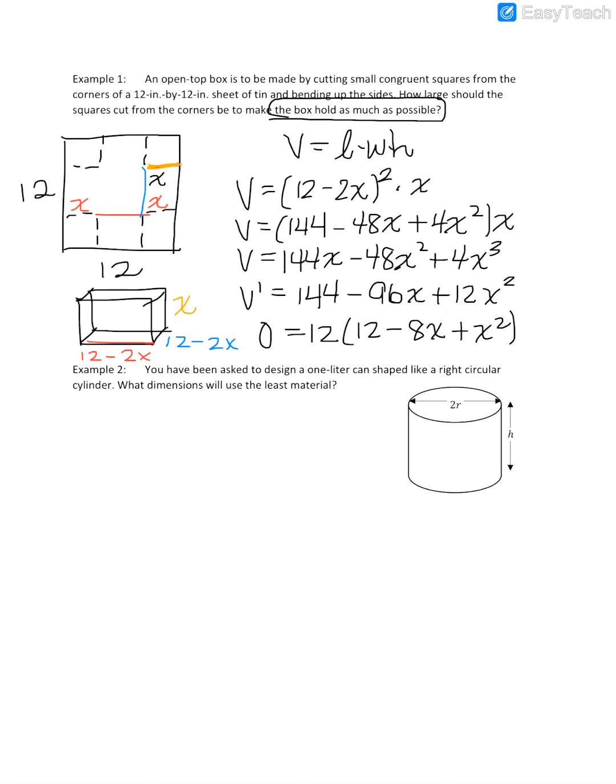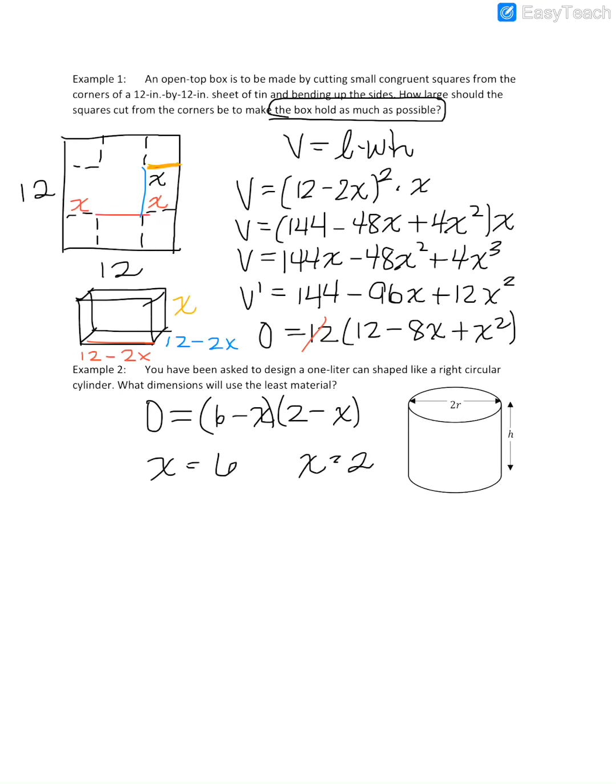The 12 does not help me in terms of trying to equal 0, so that's kind of just out of there. And so now I'm just going to factor what I have here, the quadratic. I know I'm going to have an x and an x. 6 and 2 would work to equal 12 and add up to negative 8. So my two solutions are 6 and 2.